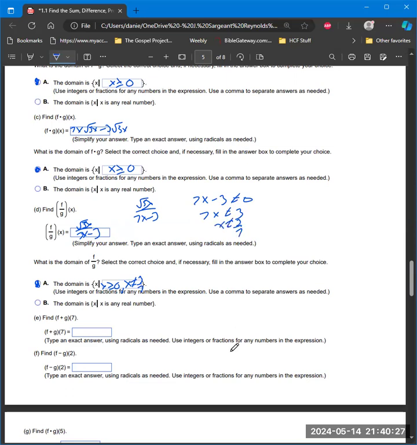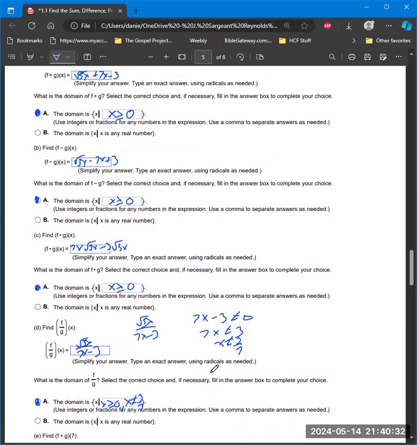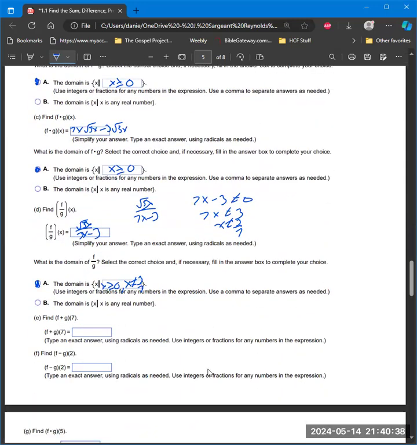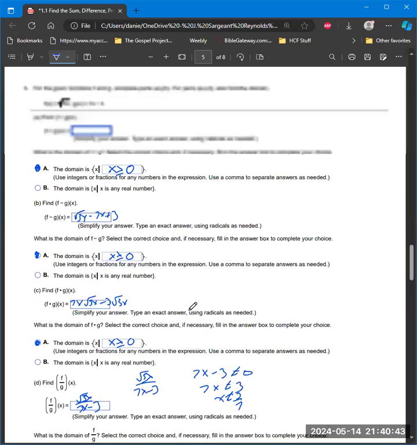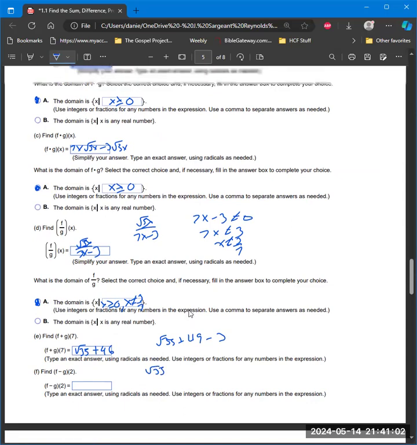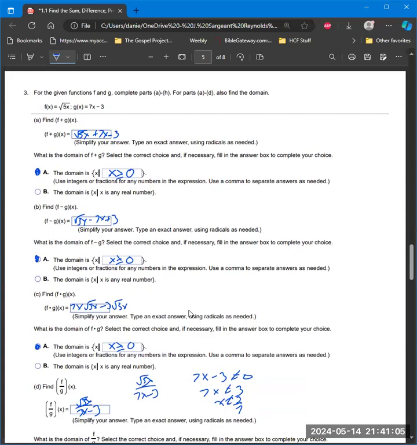Now when I stick 7 in for f and g and add, root 35 plus 49 minus 3 is going to be root 35 plus 46. f minus g is going to be root 35 minus 49.